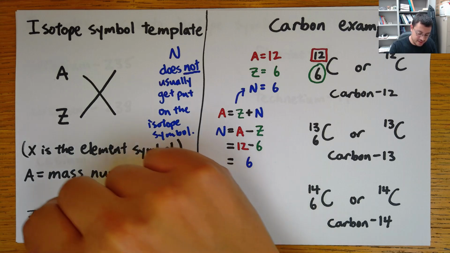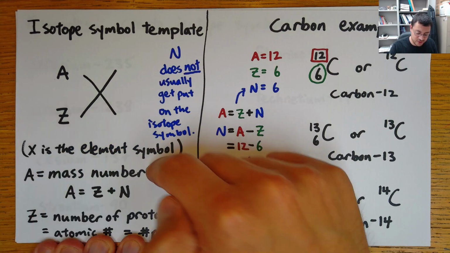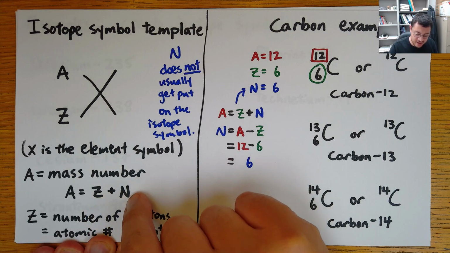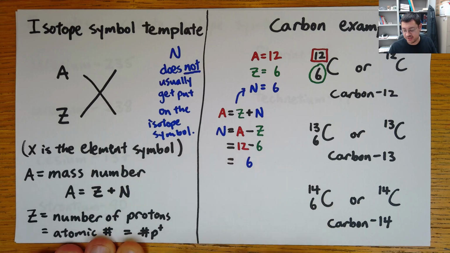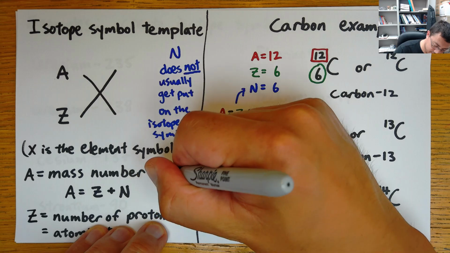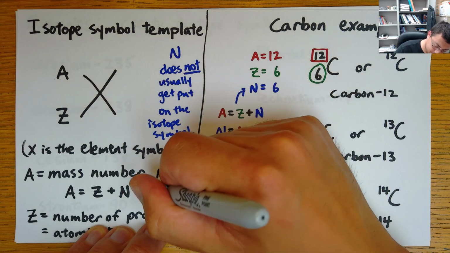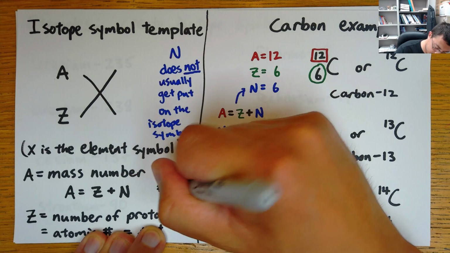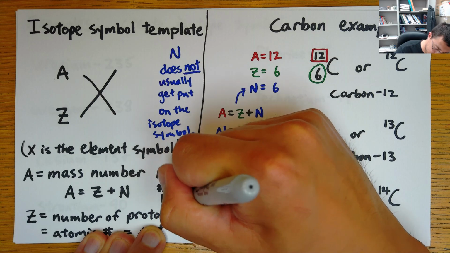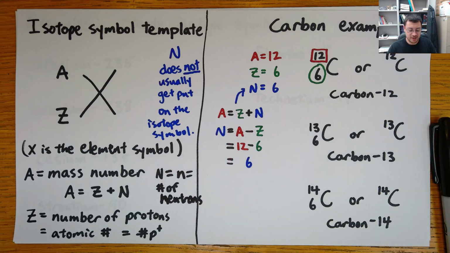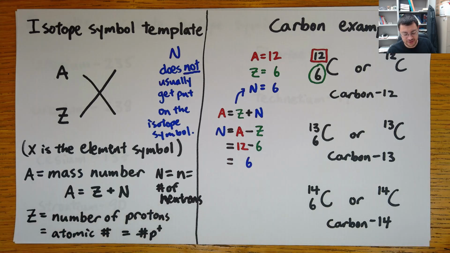To get the mass number, you're going to add the number of protons, the atomic number, and you're going to add N, which is the number of neutrons. So you add up your number of protons and your number of neutrons, and you get this thing called the mass number.